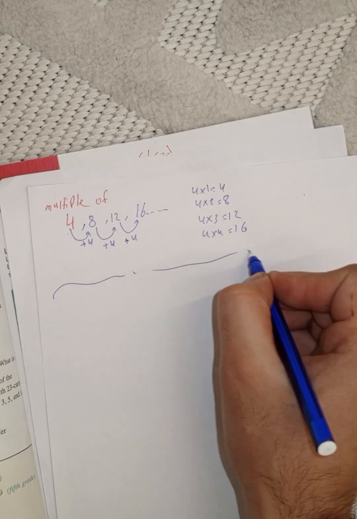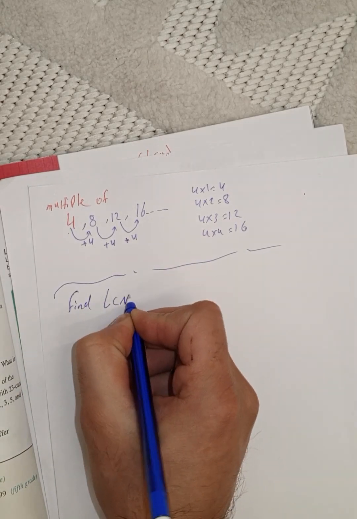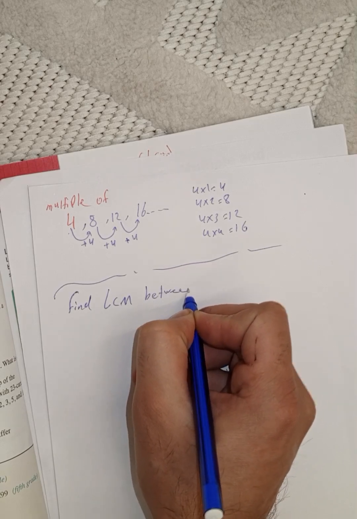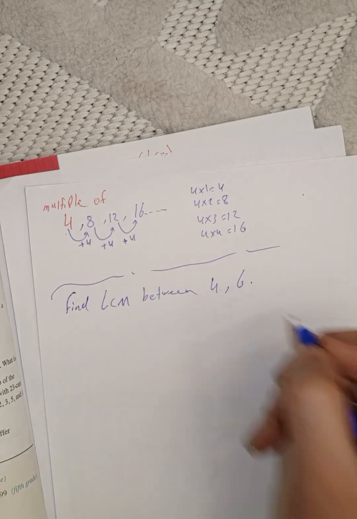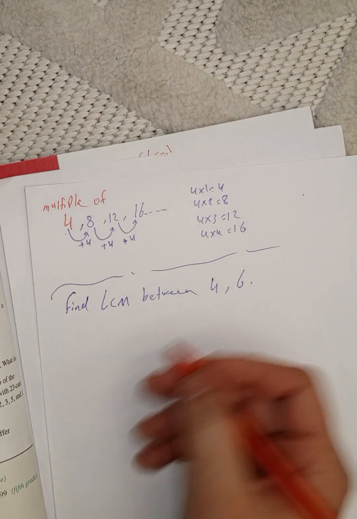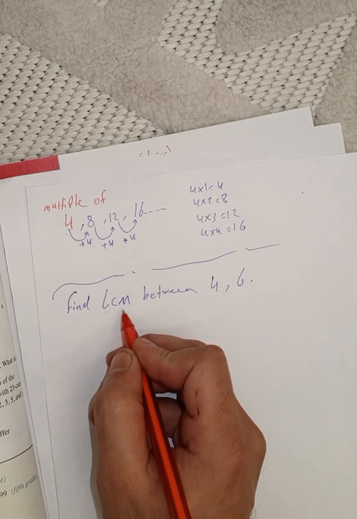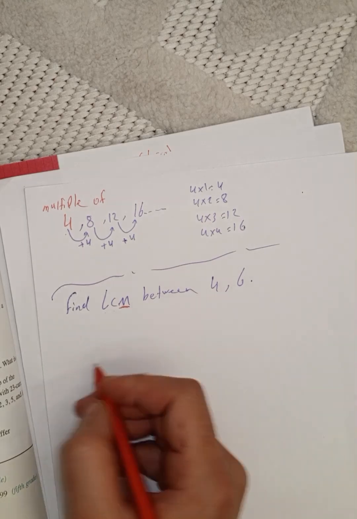If the question says find the LCM between 4 and 6, these two numbers, how to find the LCM? What does LCM mean? Least common multiple. Okay, you have to write the multiples of each number.